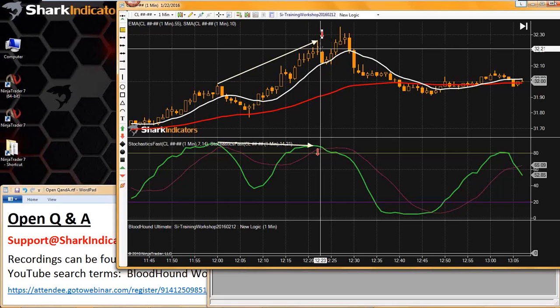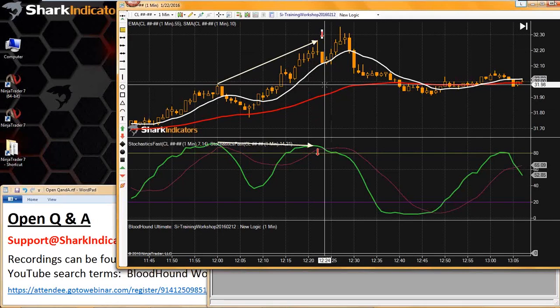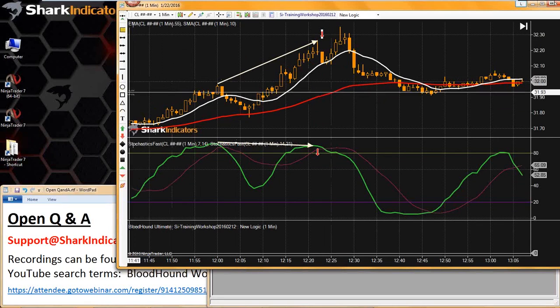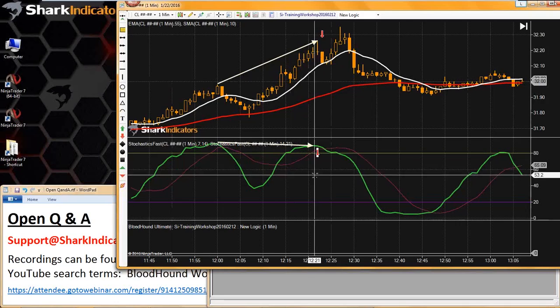You may not want to take long trades if your indicators are telling you that there's a potential short divergence coming up.